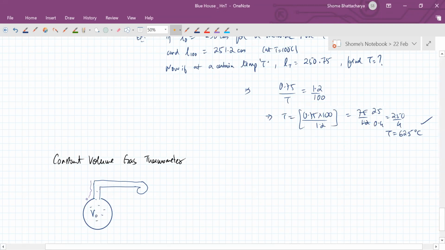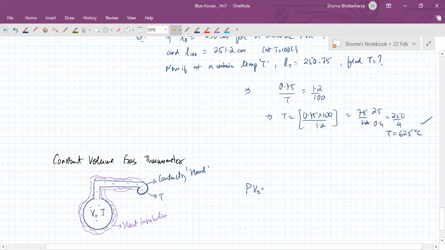It's made of insulated material from outside, so there is heat insulation here. But this is the conducting head of the thermometer. This head has a conducting wall, and the gas is in the entire place here. So whatever temperature we keep over here becomes the temperature of the gas inside.